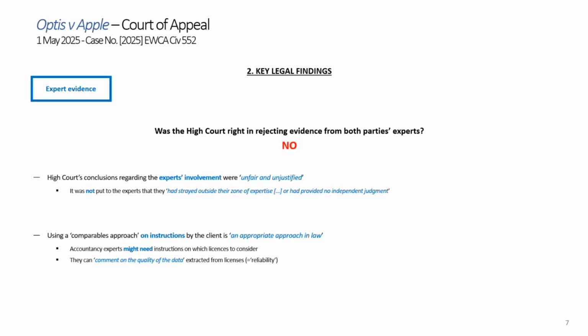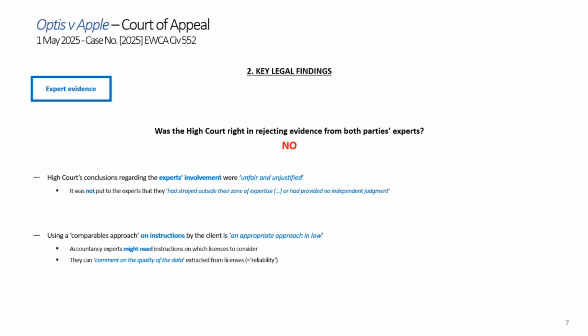Again, this is a key point because by rejecting the evidence of the experts, the court then applied a methodology which was unique, so that the Court of Appeal started its analysis by asking itself, was it correct, basically, to do that and to reject the evidence that the parties' experts produced? And the answer of the Court of Appeal was clearly no here.